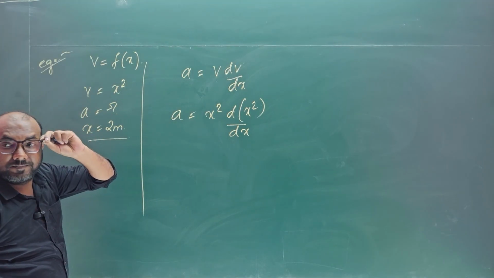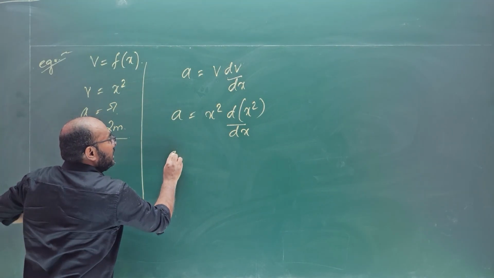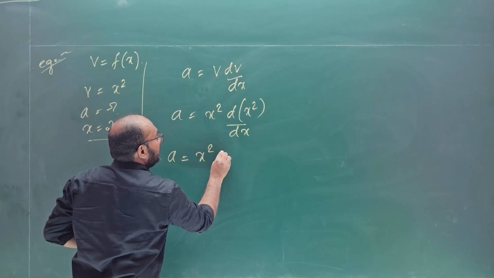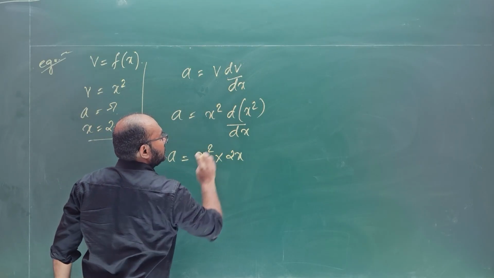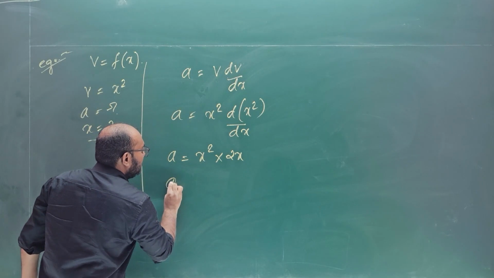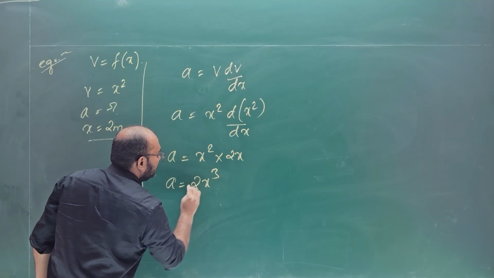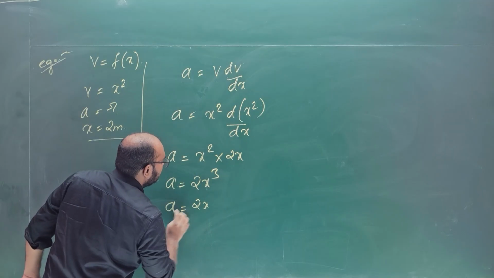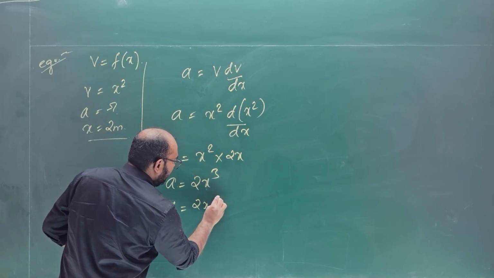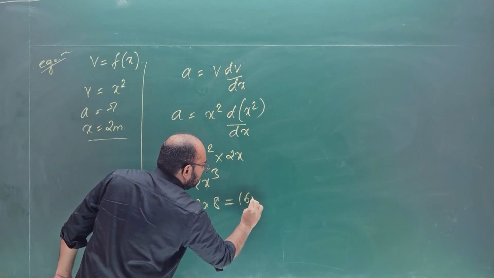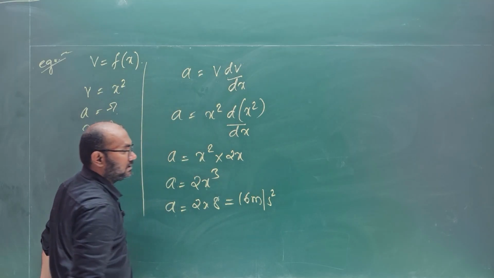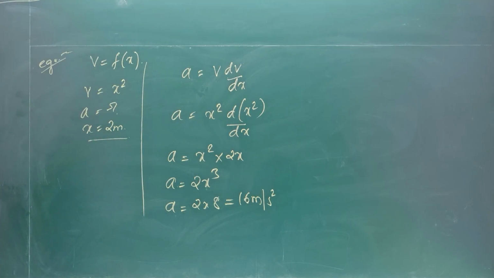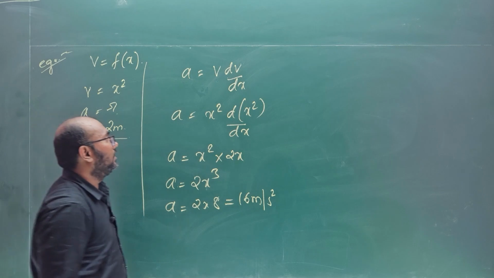Now a equals x square into this differentiation, which becomes 2x. Or a equals 2x cube, and x value is given as 2 meter, so a equals 2 into 2 cube, which is 2 into 8, that is 16 meter per square second. Got my point?